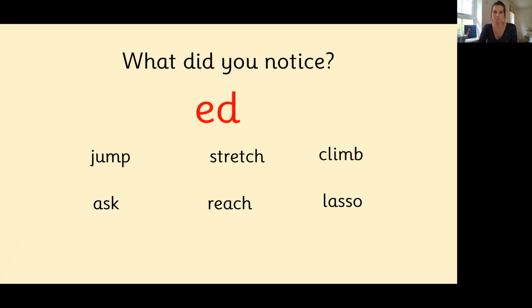So if we have a look, the word jump becomes jumped. ED on the end. Stretch becomes stretched. Climb becomes climbed. Ask becomes asked. Reach becomes reached. And lasso becomes lassoed.